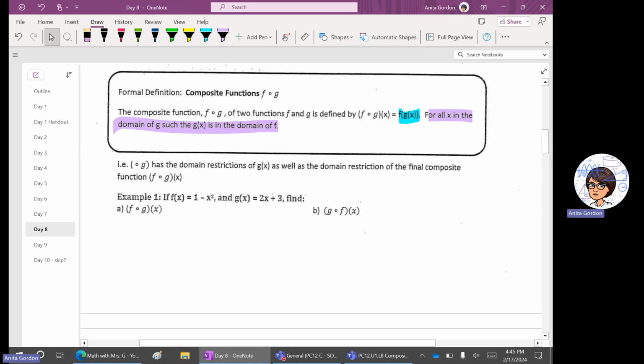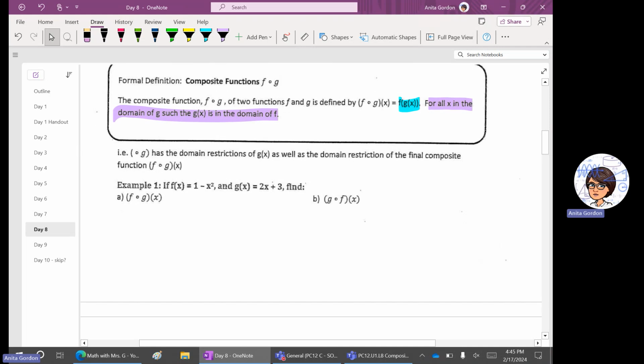Okay, so let's take a look at an example. Examples are always a better way for us to get our brains around some new and strange vocabulary as well as some new ideas. So the first letter that you see will be the outside function. So this is saying f of g of x, meaning g depends on x and f depends on g.